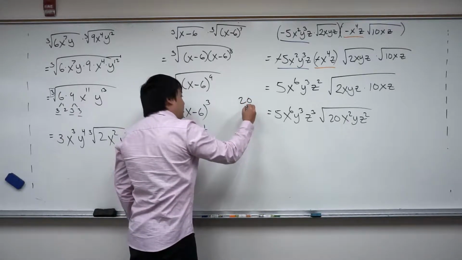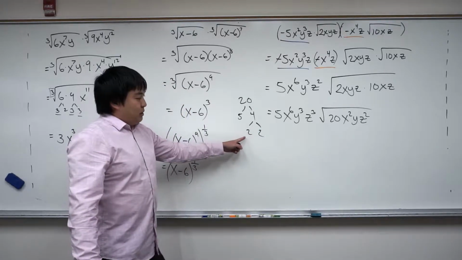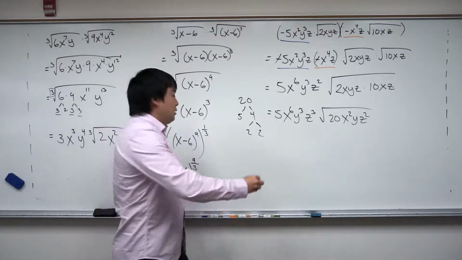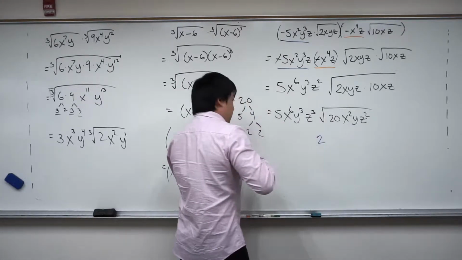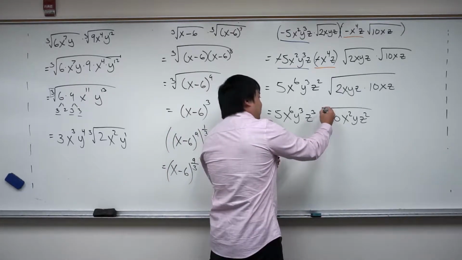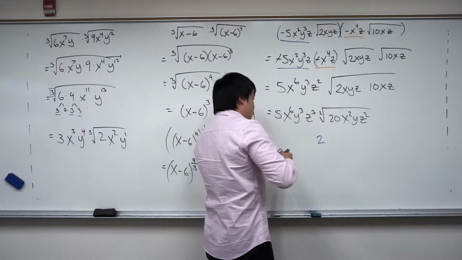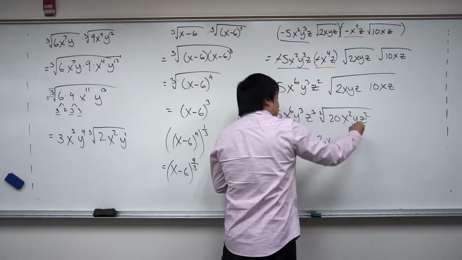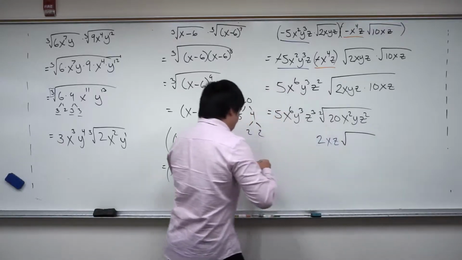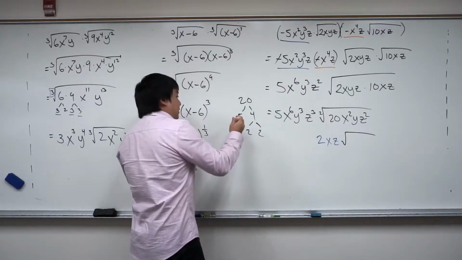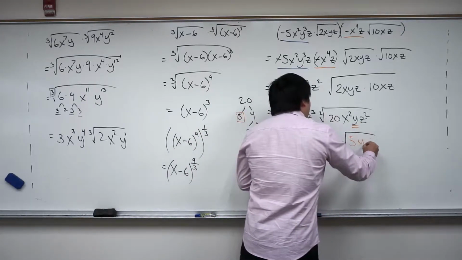And 20 can be written as 5 times 4, and then 2 times 2. So there's a grouping of 2's there that I can pull out. So what we get is going to be a 2 here. I can also do the division because don't forget there's a square root so it's going to have a 2. So I can pull out an x as well as a z. So the inside is going to have what's left over, which is this one and that one.